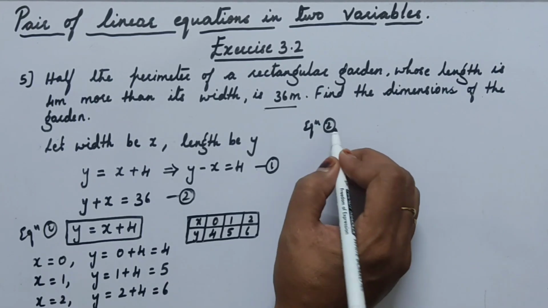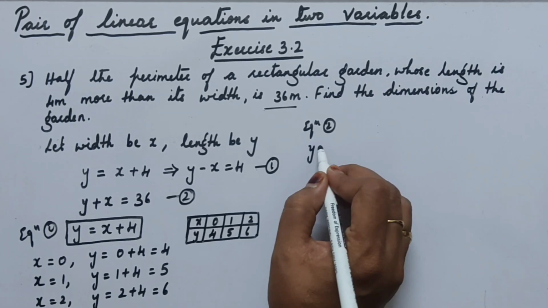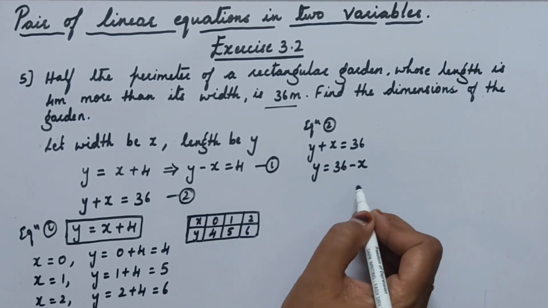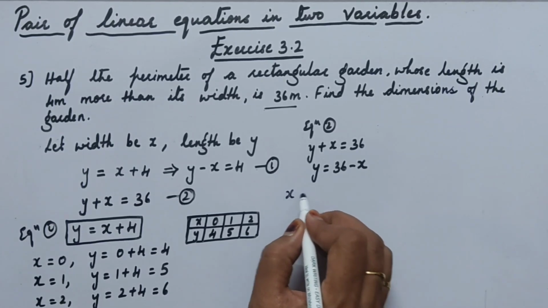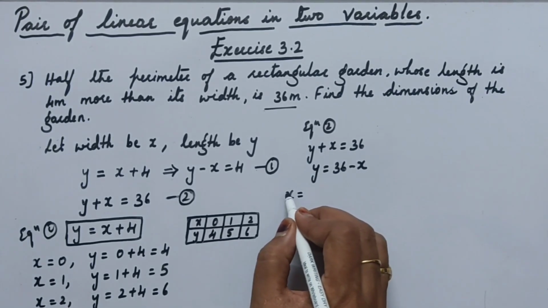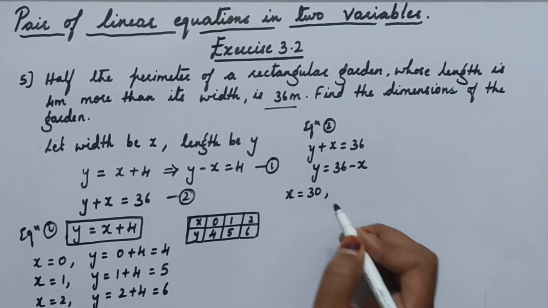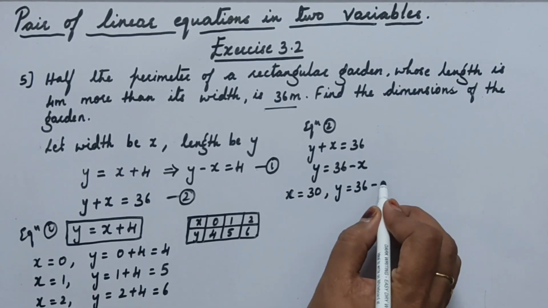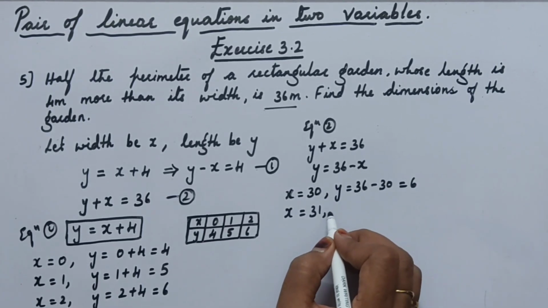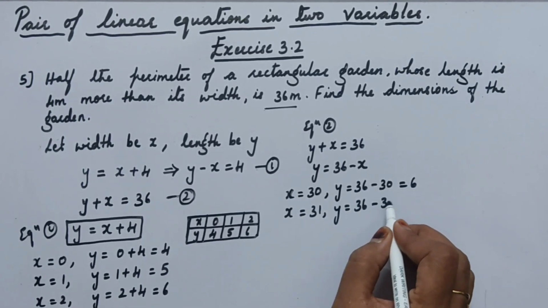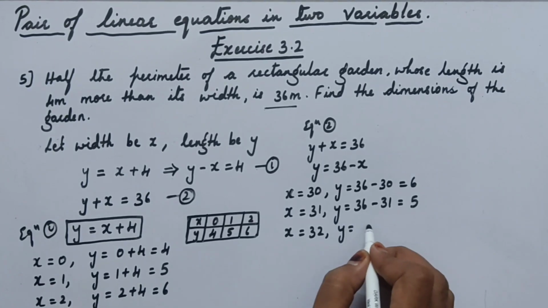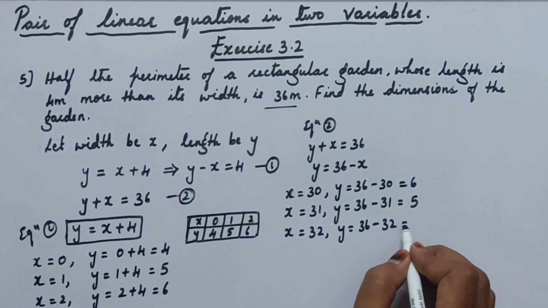चलिए अभी इक्वेशन 2, जस्ट फॉलो इक्वेशन 2 नाउ। तो यहाँ पे y प्लस x इक्वल टू 36 है, तो y इक्वल टू 36, x को उस तरफ लेके जाएंगे, आई गॉट 36 माइनस x। तो चलिए अब हम x के वैल्यूज डालते जाएंगे, 36 के नज़दीक आने दो इसको। x इक्वल टू 30 डालेंगे तो y इक्वल टू 36 माइनस 30 इक्वल टू 6। x इक्वल टू 31 डालेंगे, y इक्वल टू 36 माइनस 31 तो हमको मिलेगा 5। x इक्वल टू 32 डालेंगे, y इक्वल टू 36 माइनस 32, I got 4.